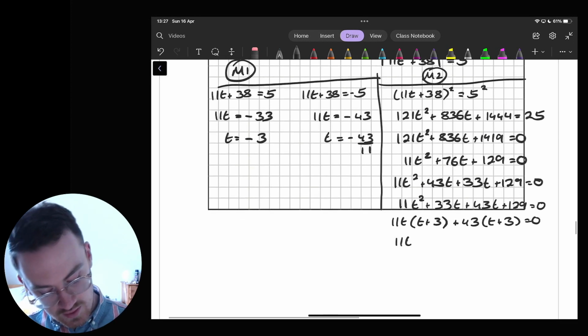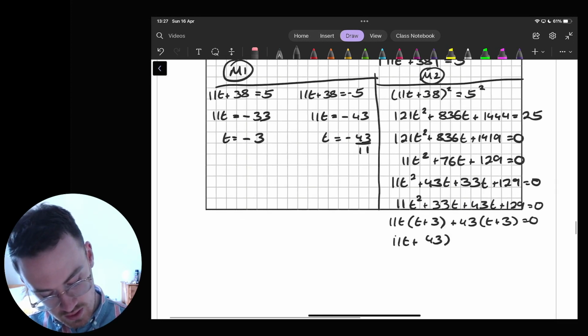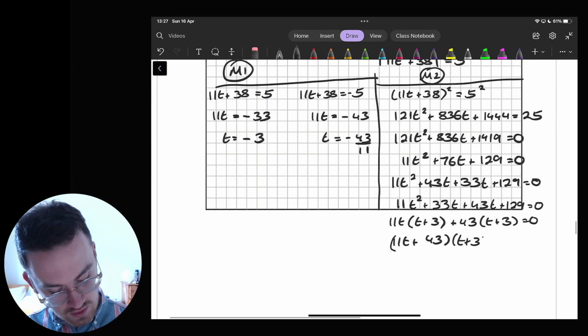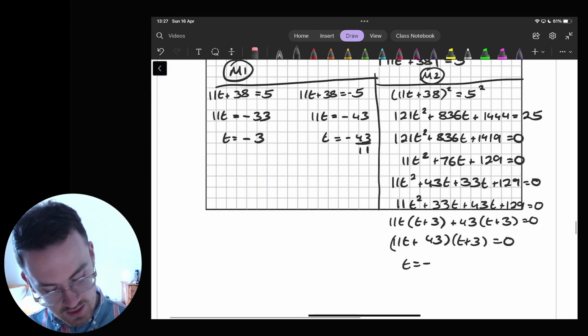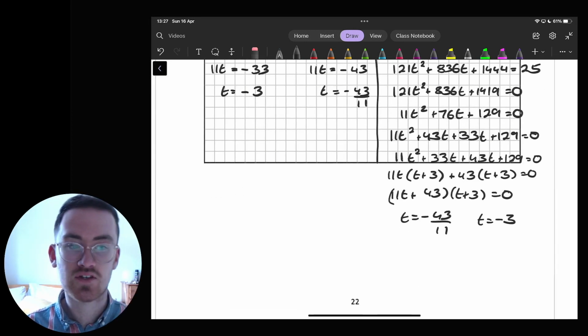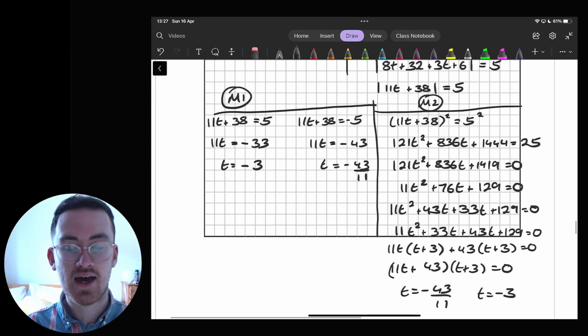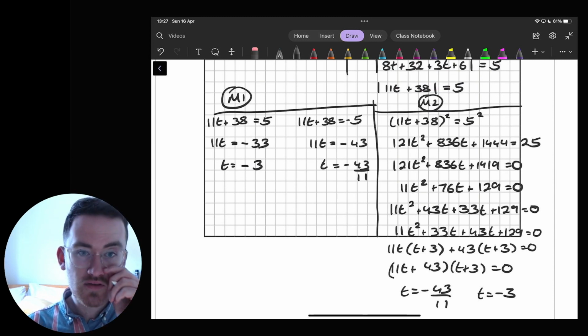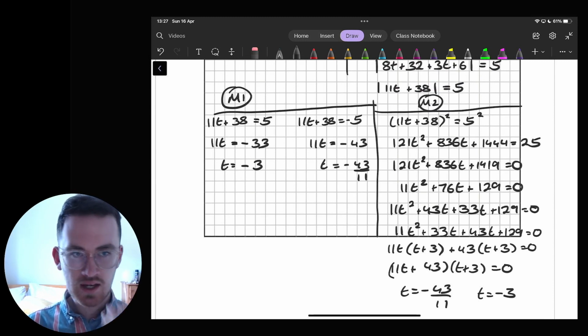So I get 11t plus 43 times t plus 3 is equal to 0, which means that t is minus 43 over 11, or t is equal to minus 3. So same answer that we got the first way, and definitely for this one, the first way is a lot easier. It saves us an awful lot of time, and you can see how often we have to work with this modulus. So getting off that first method really saves you an awful lot of time, which can be really, really helpful.